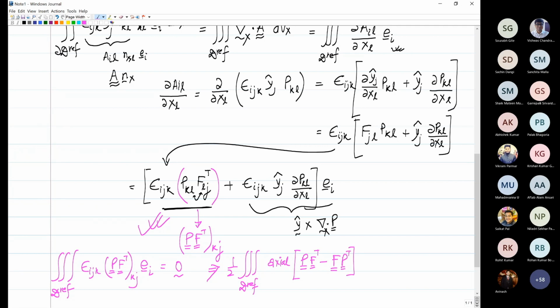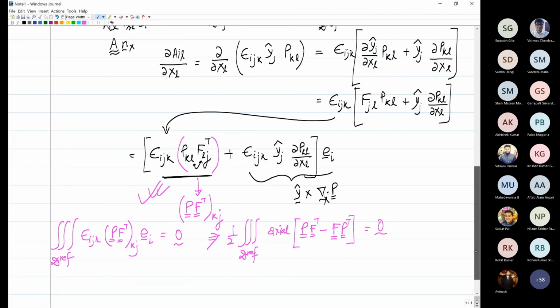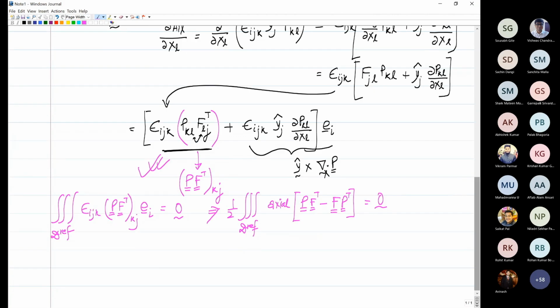So basically the skew-symmetric part of PF transpose, take the axial vector of it, and we are saying it is equal to 0. So this can be satisfied only when the skew-symmetric part of PF transpose is also 0. So what this has given us is that PF transpose is the same as its transpose.